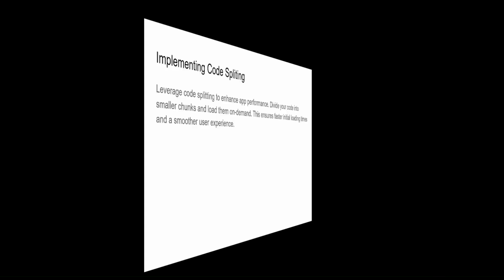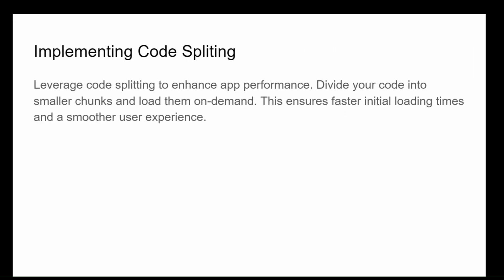Next, implementing code splitting. If you enter all the code in the same file, the user will get a lot of problems, and running it will also cause loading issues. So for that we need to split the components.